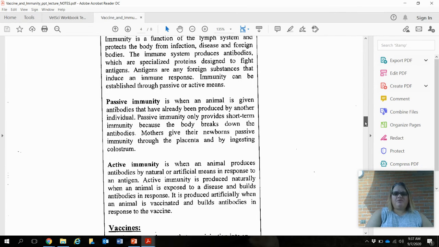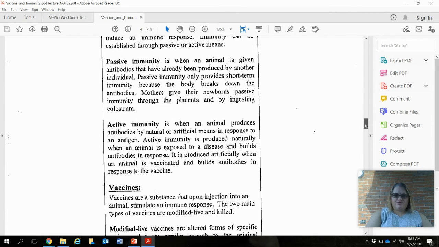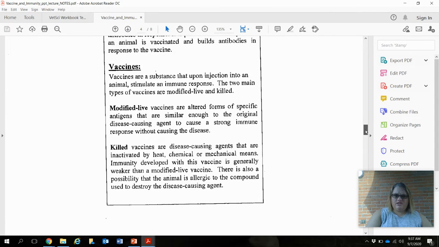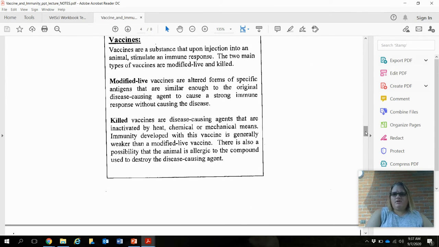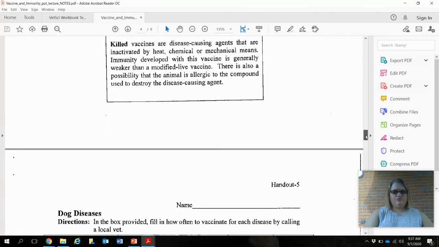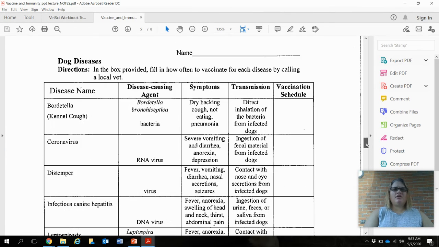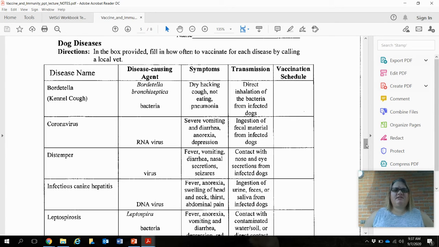All the words I am going to say are also written out here. So if you missed something in the PowerPoint, you can always go back through and listen, but it's also written here for you. And then here are some dog diseases, their symptoms and transmissions, and whether they are bacterial or viral.